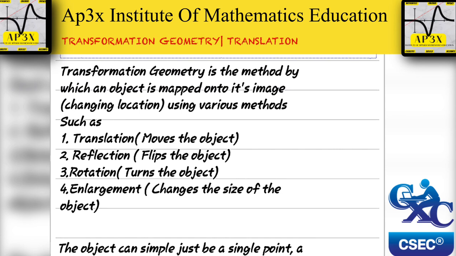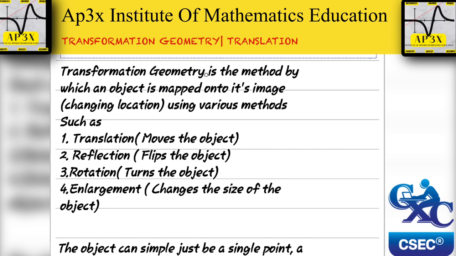I want to walk you through not only examples but graphical demonstrations to give you a more thorough understanding of transformation geometry. But in this particular session, we're going to be talking about translation.